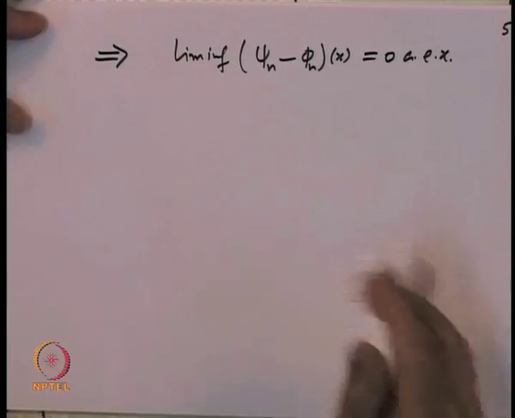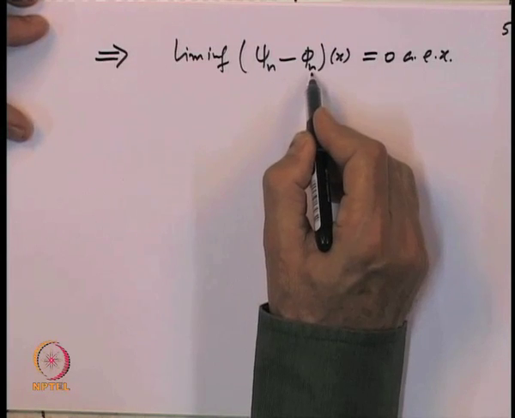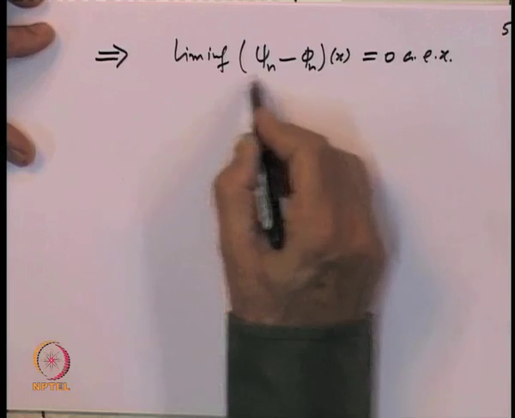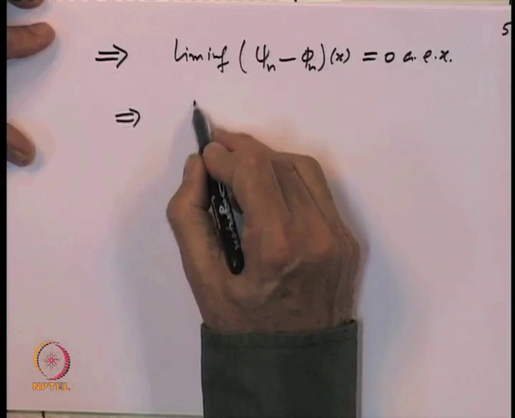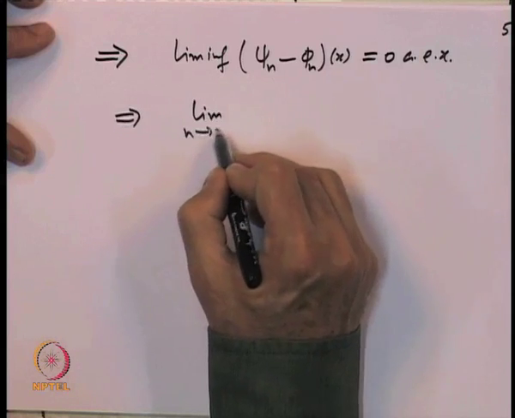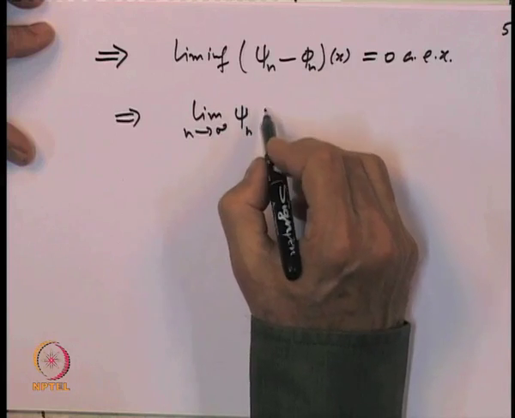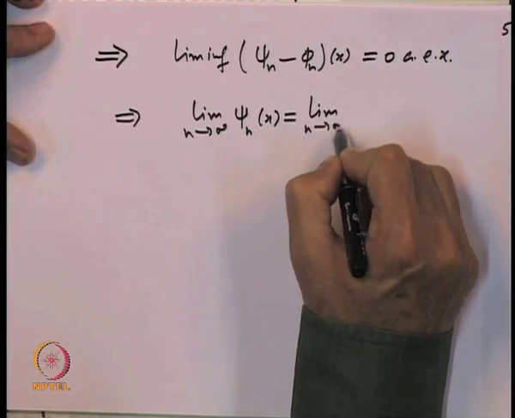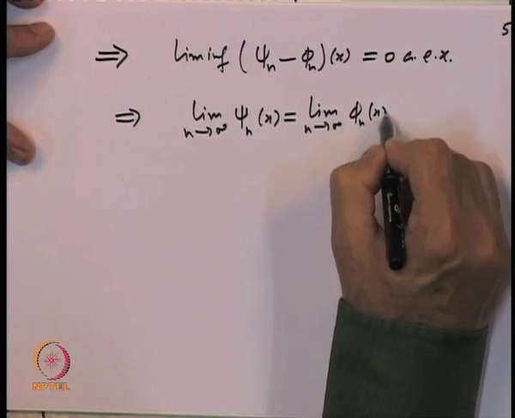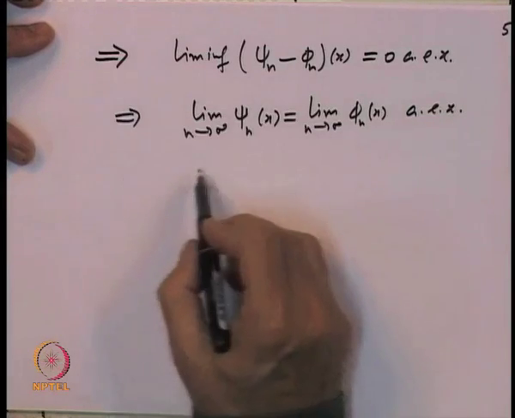But we know that psi n's are decreasing and phi n's are increasing. So, this limit exists, and that implies that the limit as n goes to infinity of psi n is equal to the limit as n goes to infinity of phi n x almost everywhere x.